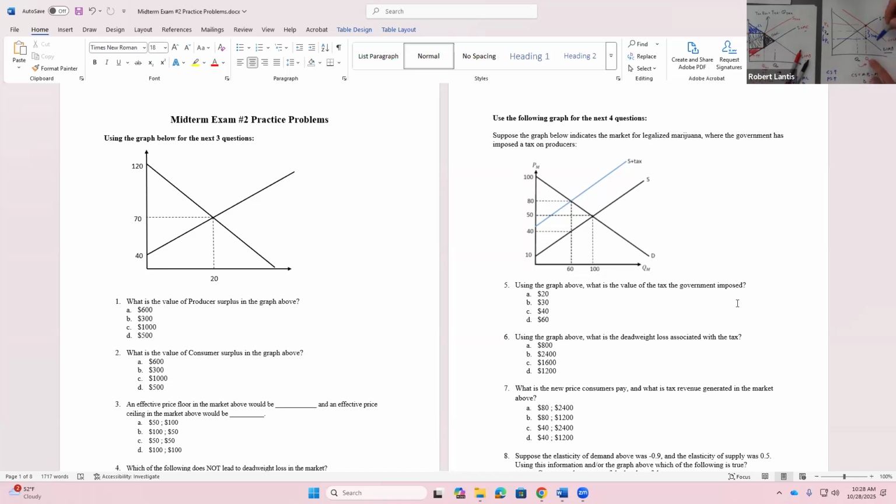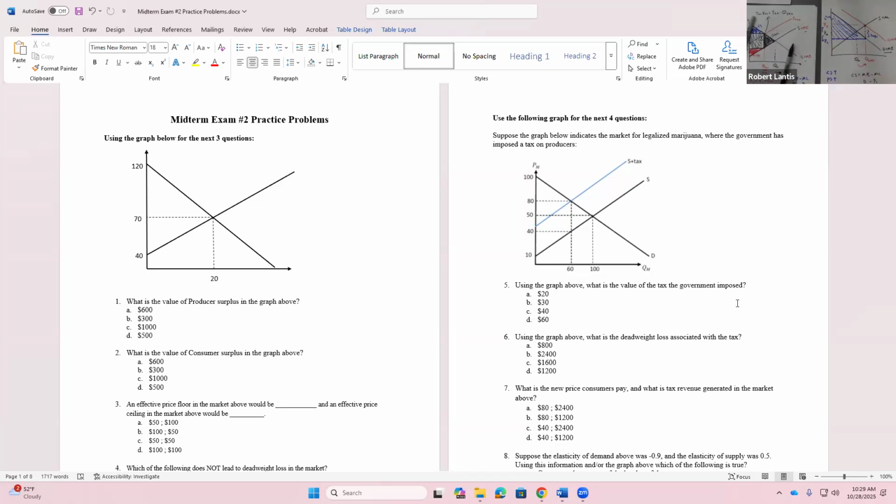Well, the new quantity is out here. Where's my demand curve? Right here. So that difference between my demand curve and the new price that consumers pay, this would be the value of consumer surplus. If I gave you some values here, it's the area of a triangle, you could calculate this for me. Okay?